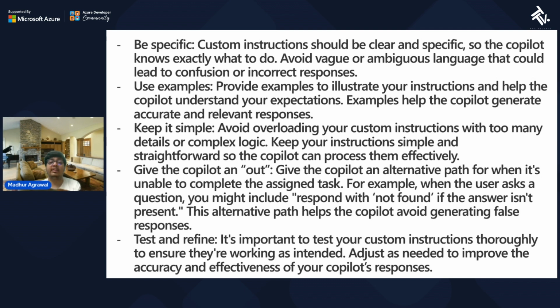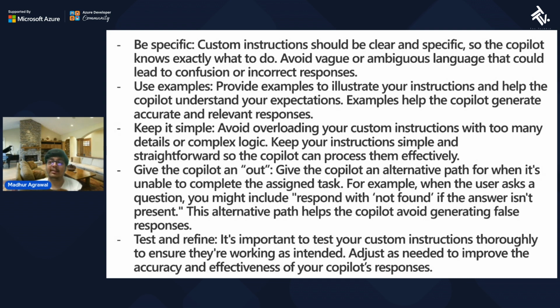So, if I have a food delivery app and my order is stuck in the pipeline process, a customer will ask, "Hey, where is my order?" If you have only included that it must answer the customer's questions and queries, the copilot will automatically generate something bogus.